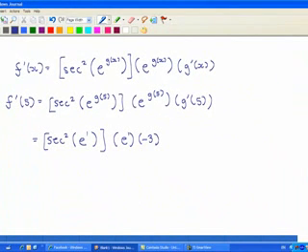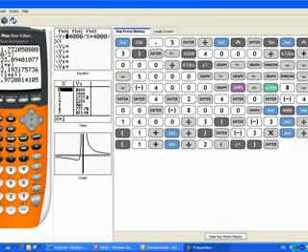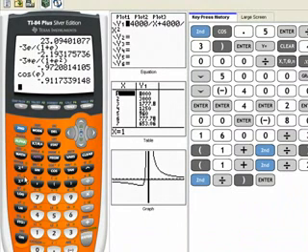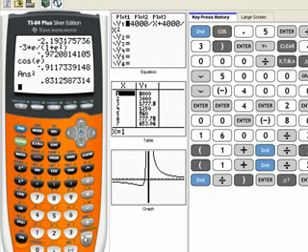So we will do the calculation using our GC. Secant square e is just 1 over cosine square e. So what I do is I calculate cosine e first, I square it, I reciprocate it.